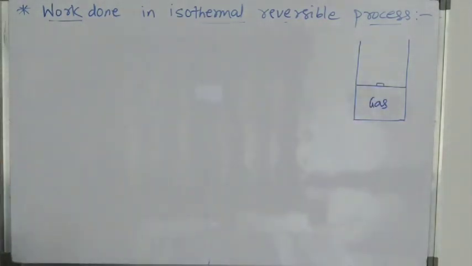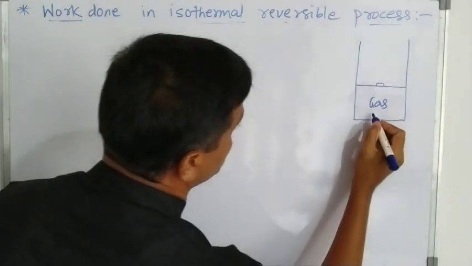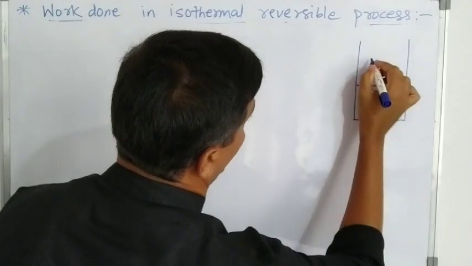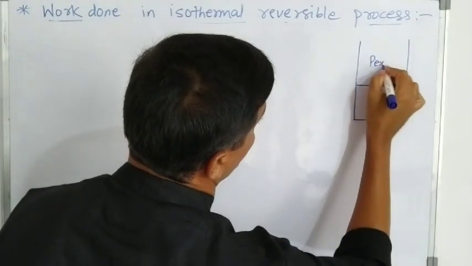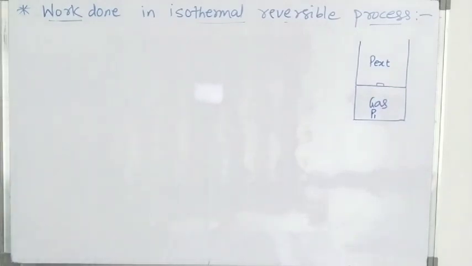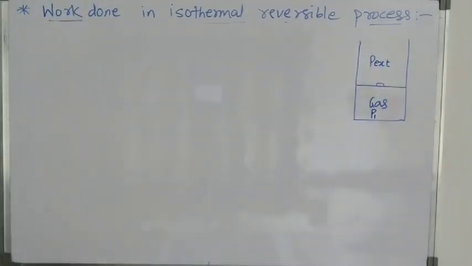And in such a cylinder, the gas has the pressure Pi, and let us consider the pressure of the surrounding as P external.